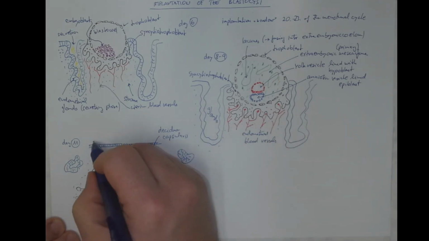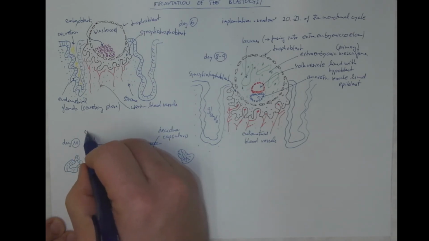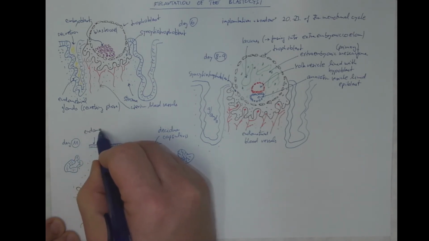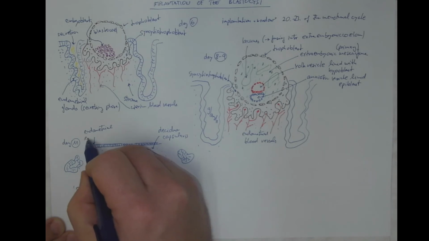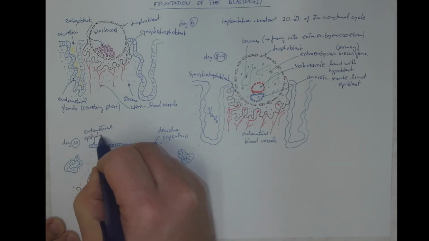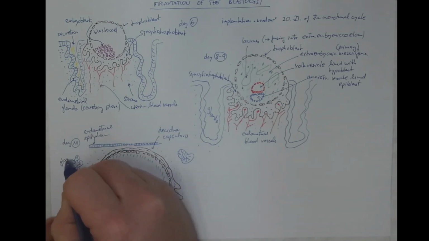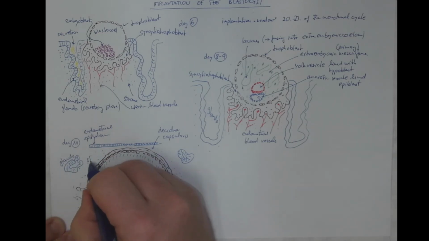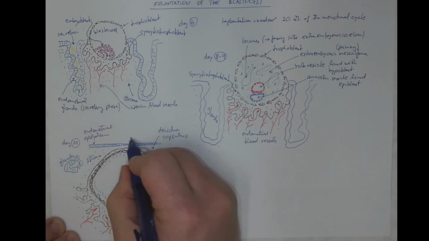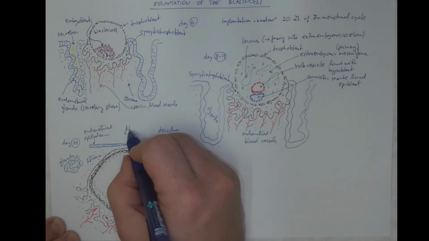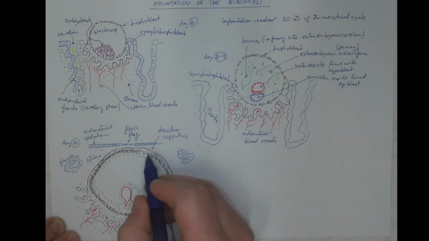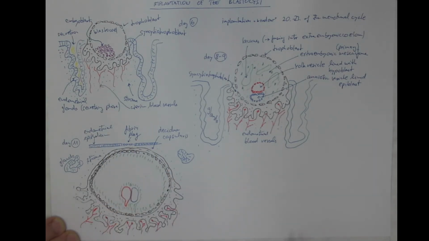This is the endometrium, endometrial epithelium. These are the glands. This is the stroma. Here there is a temporary fibrin plaque before the epithelium renews its integrity.